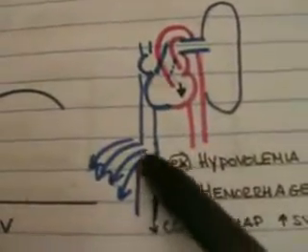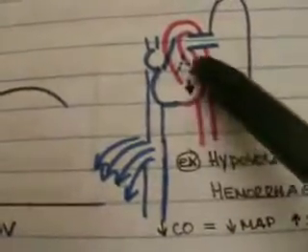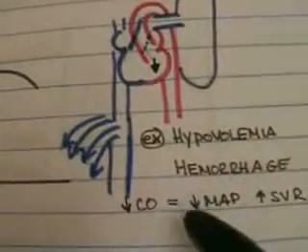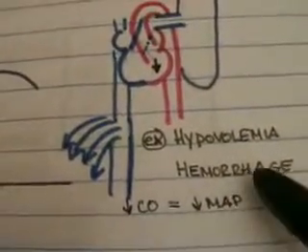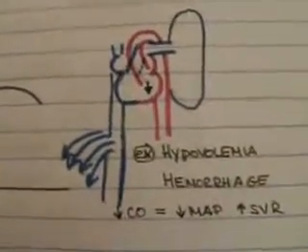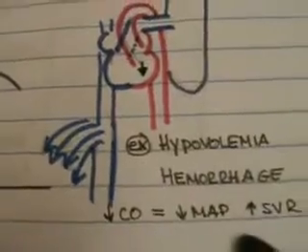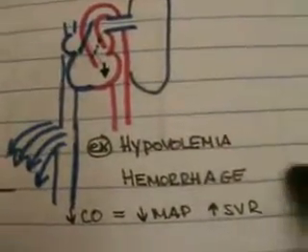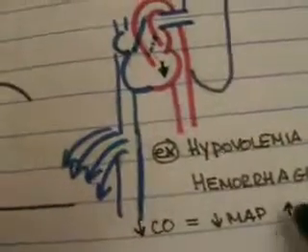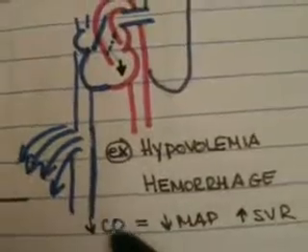They have a decreased venous return, and ultimately a decreased left ventricular end diastolic volume, in which they're going to have a decreased cardiac output, which would probably be represented by a decreased mean arterial pressure. Their blood pressure may be decreased, and as a compensation, they're going to vasoconstrict and increase their afterload, or their systemic vascular resistance, ultimately to try to increase the cardiac output.